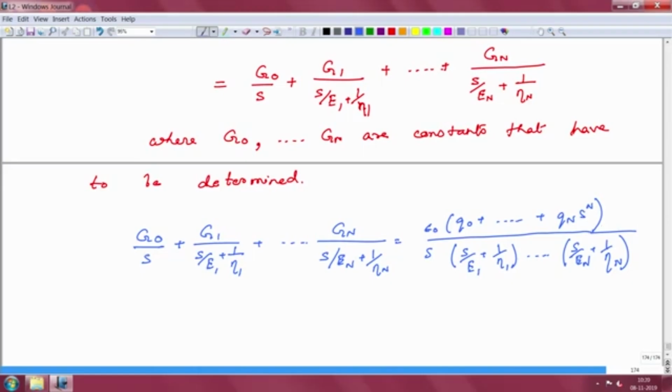So, you will equate all the different coefficients for the different powers, and from that you will be able to determine all these different constants. The different powers will give you n plus 1 different independent equations, and you have n plus 1 unknowns. So, you can solve for them.